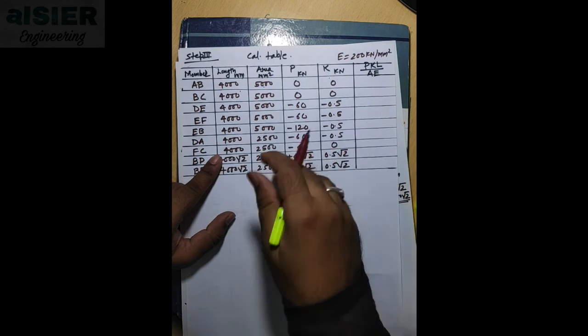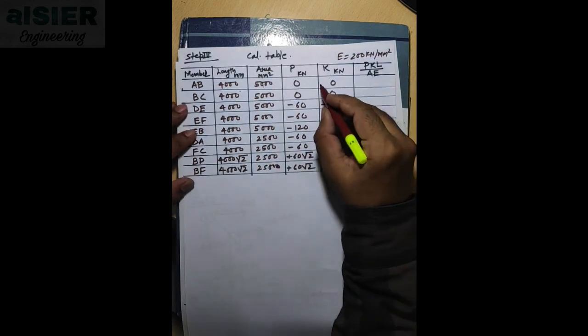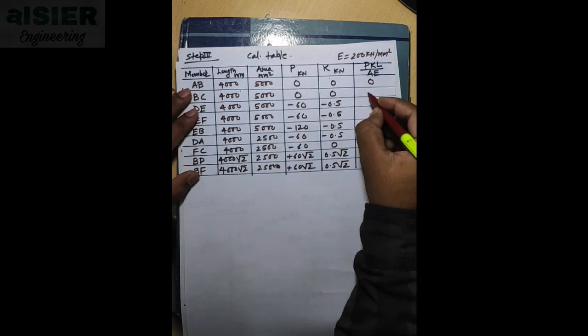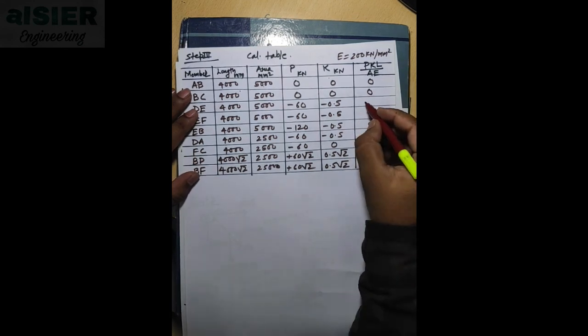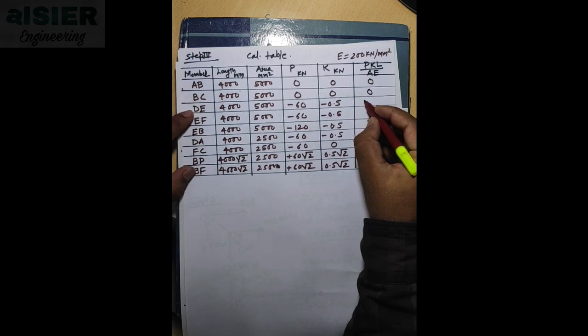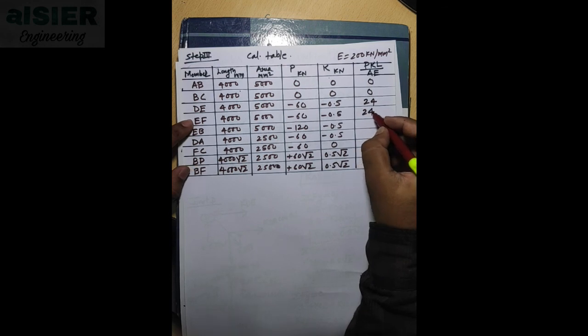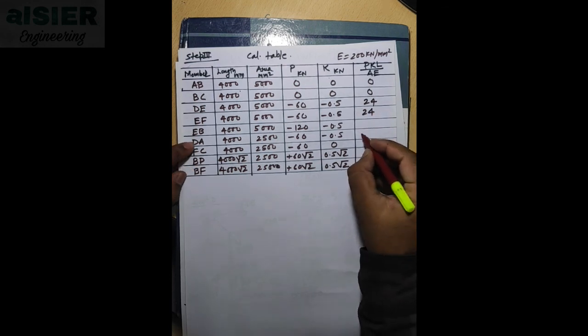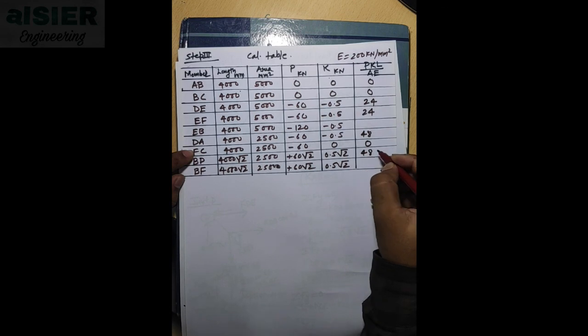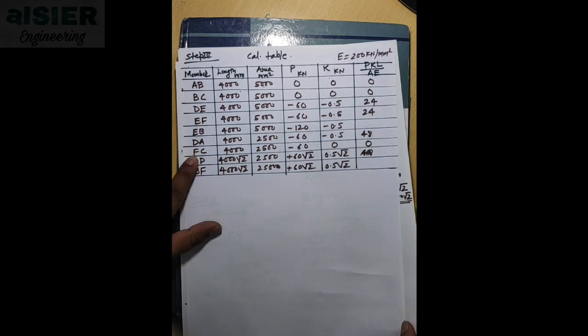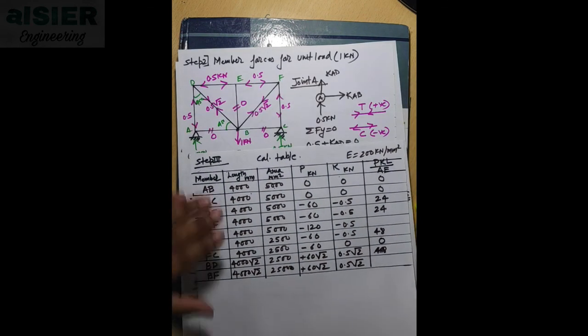Now we will quickly do the calculation. Anything multiplied with 0 is 0. Now we get for member DE 24, for member EF 24, for member AD 48. Then for member CF, sorry, member FC is not 0, I think I have made some mistake here.